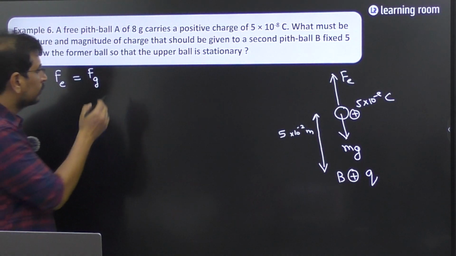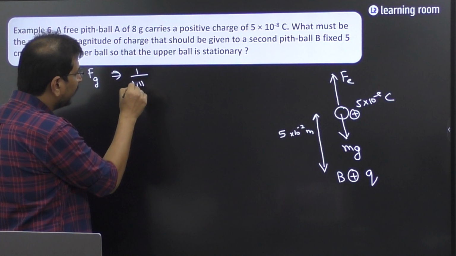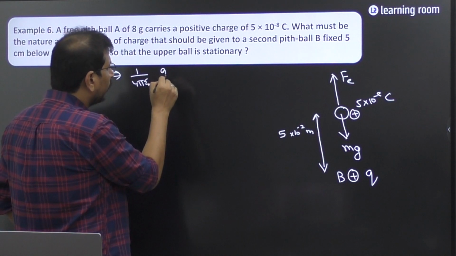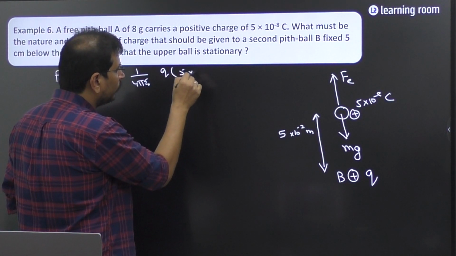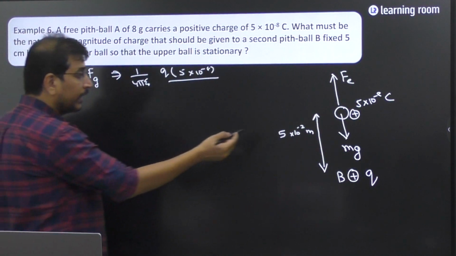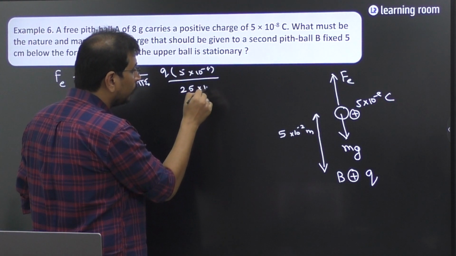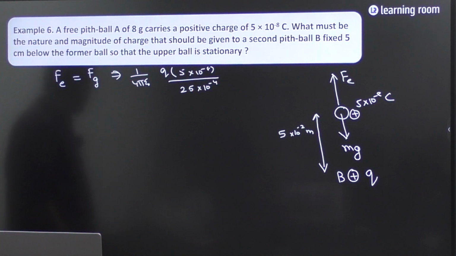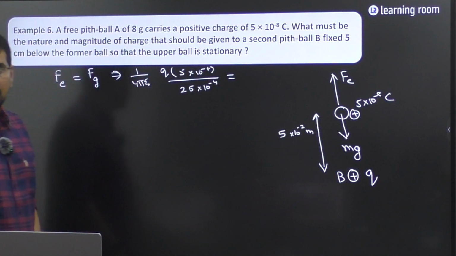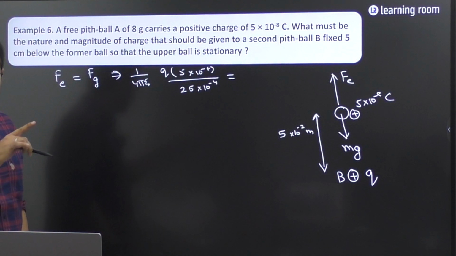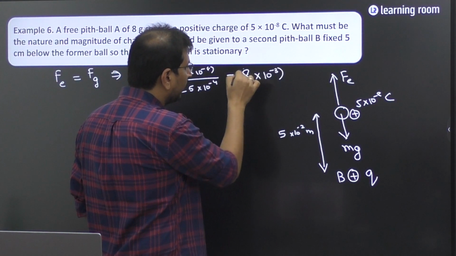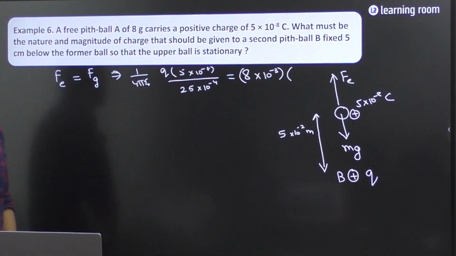What is the value? 1 by 4 pi epsilon naught into Q into 5 into 10 power minus 8 divided by 5 into 10 power minus 2 the whole square, that is 25 into 10 power minus 4. Makes sense? Is equal to mass of the object, which is 8 grams, so 8 into 10 power minus 3 kilogram multiplied with acceleration due to gravity.